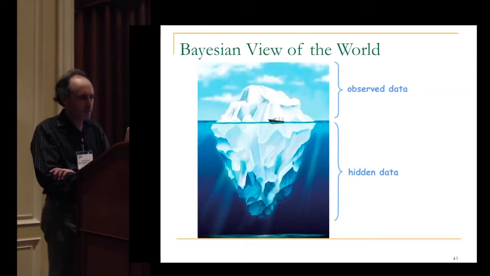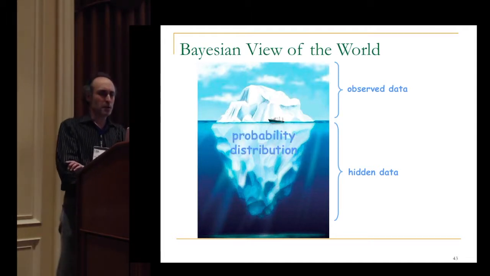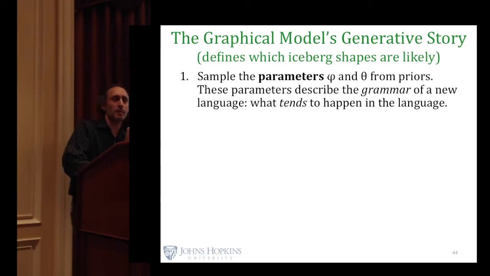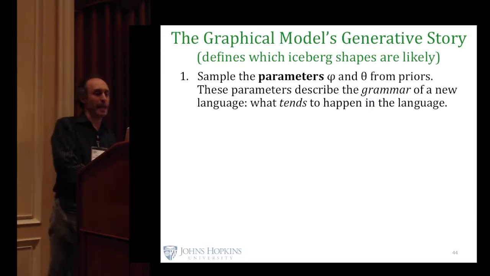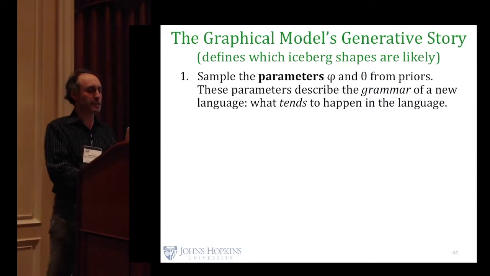We are doing this sort of Bayesian thing where we have observed data, and there's this whole iceberg of unobserved stuff that we're trying to reconstruct. So the graphical model's generative story tells us which iceberg shapes are likely. We say that we're sampling from priors how this language behaves. So phi is the parameters of what underlying forms look like in this language.